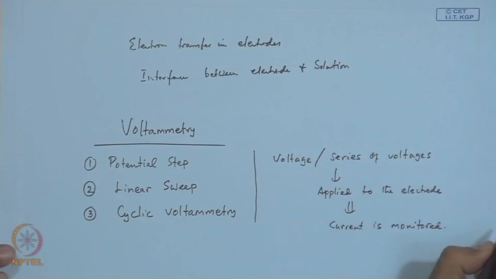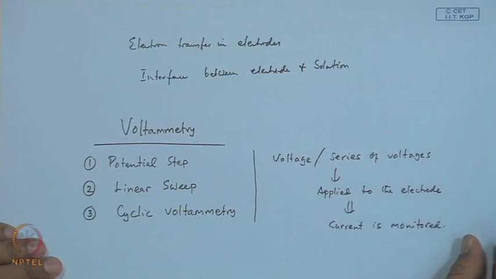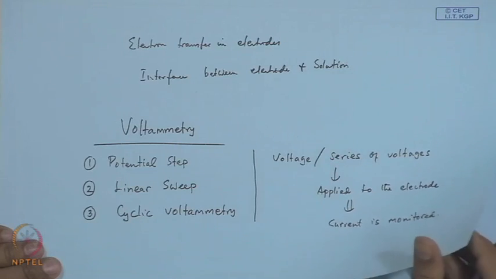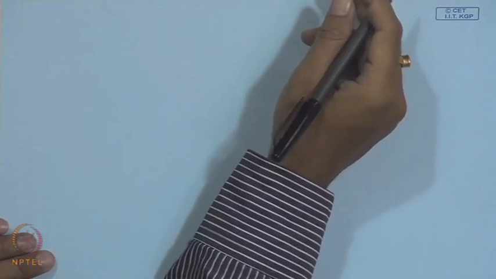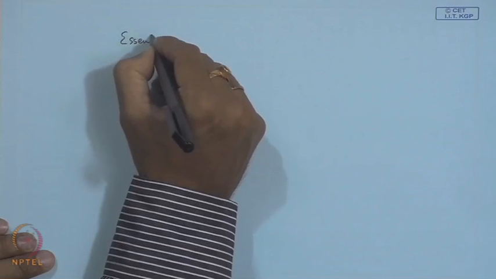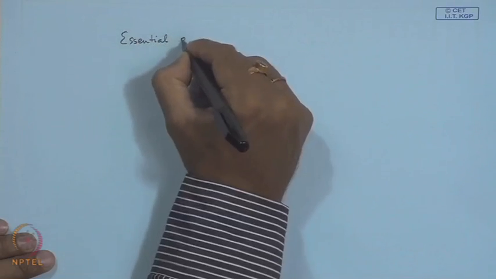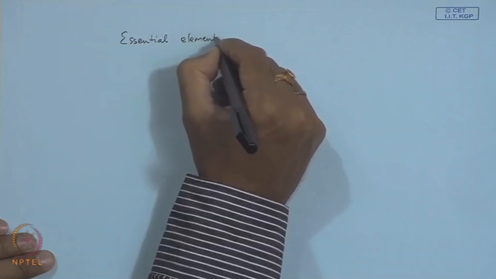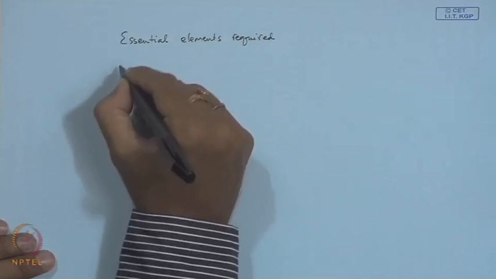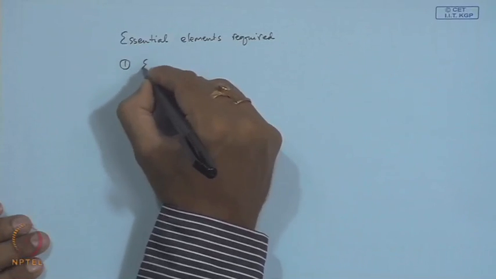Since you apply some voltage and measure current, the question naturally comes: what are the essential elements required? One is your electrode.